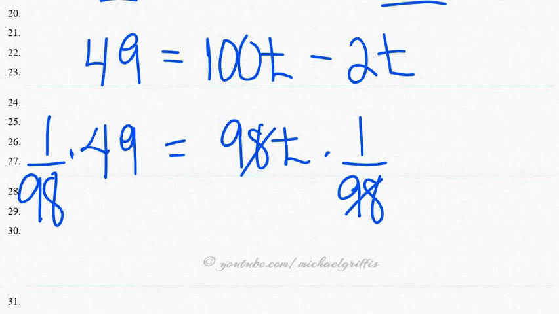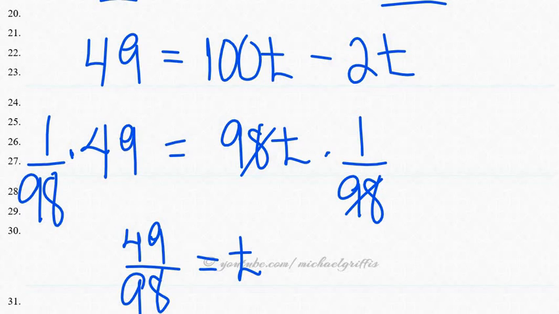Therefore, those will cancel out, and we'll be left with 49 over 98 is equal to t.